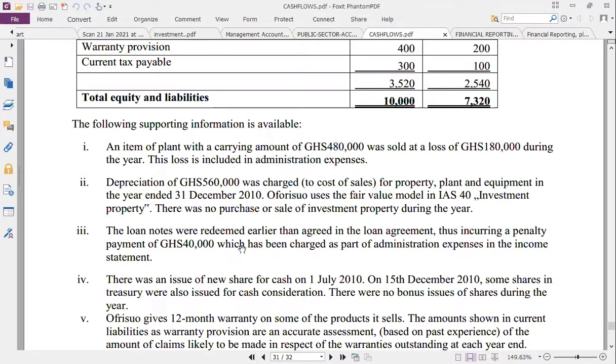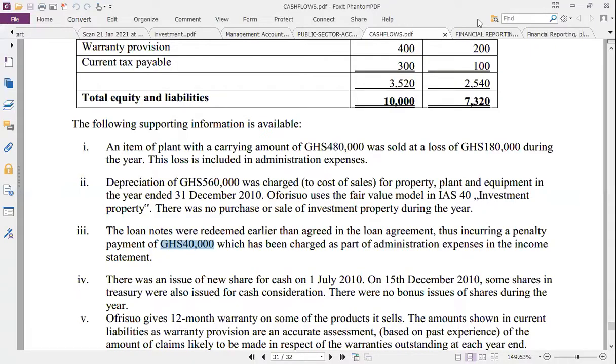They said loan notes were redeemed earlier than agreed in the loan agreement, incurring a penalty of 40,000, which has been charged to what? Part of the administrative expense, which is not right. It needs to be reversed. How do you reverse it? This has been subtracted from the profit, so add back. This is not an operating activity. Penalty on loans, no, it's a financial activity.